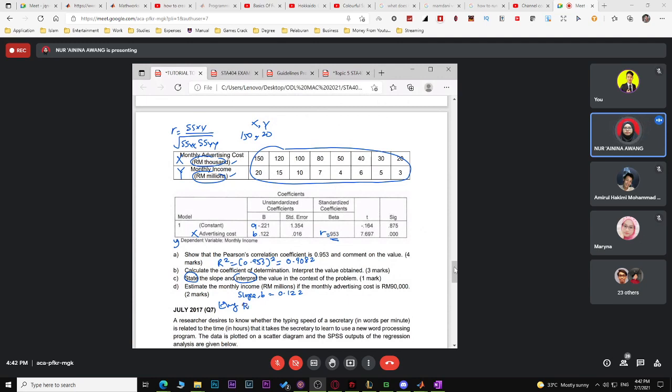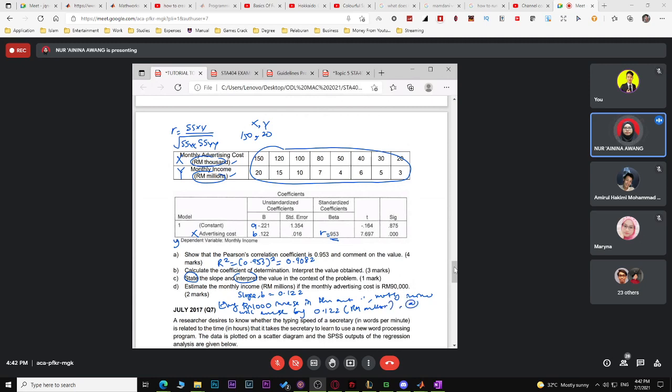So kita kata every RM1000 increase in the monthly advertising cost, so your Y, monthly income, will increase by, so if you want to write the value, don't forget the unit, RM million.